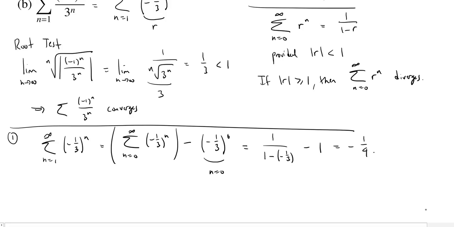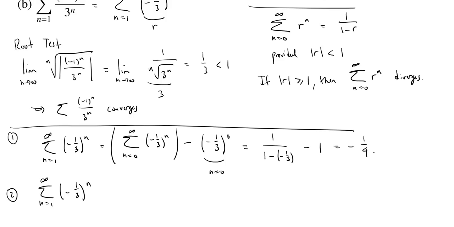All right, and it's probably good at some point to point out, yes, negative 1/3 has absolute value less than 1. All right, what's another way we could do it? So what we also could do is to reindex this.